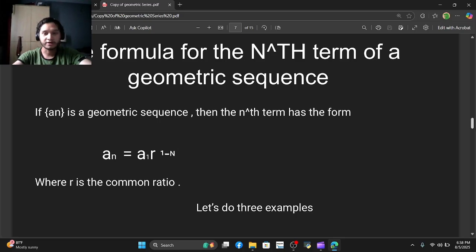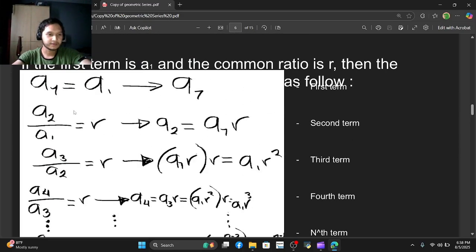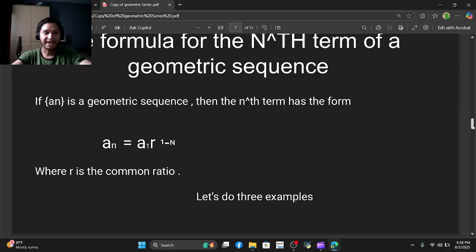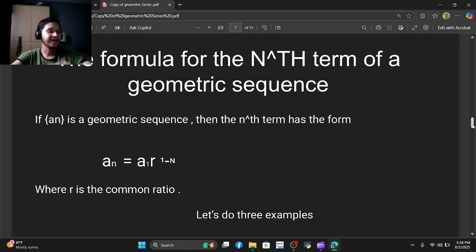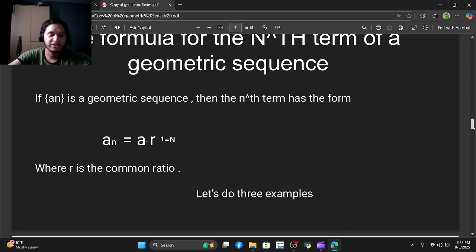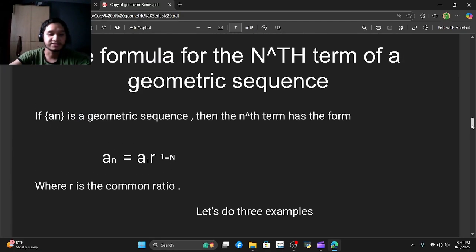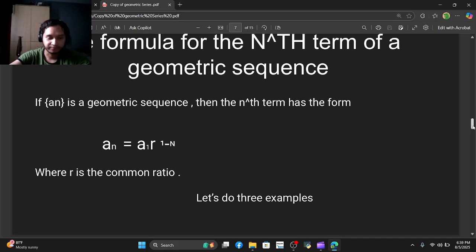In this case, yes, we take the r, because if we take the second term divided by the first term, we get the r. So this formula cannot fail. We can take any number, and we will get the final answer, any term in the sequence that we want to know.